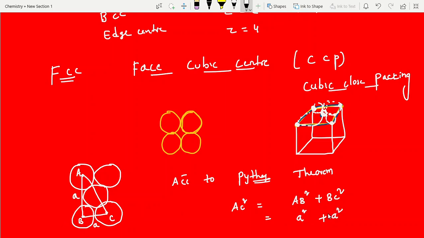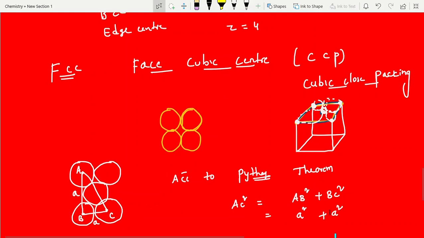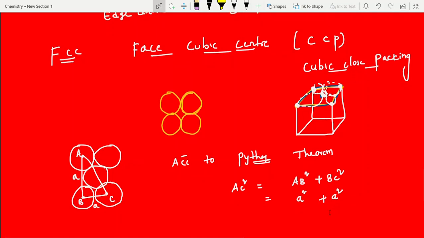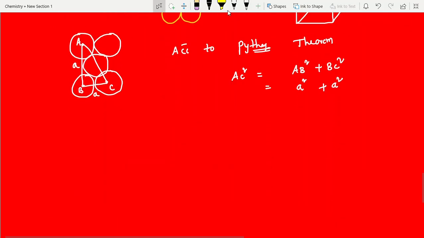Now you can write, students, AC square equal to 2A square, right? AC equal to root 2 A, right? That's it.